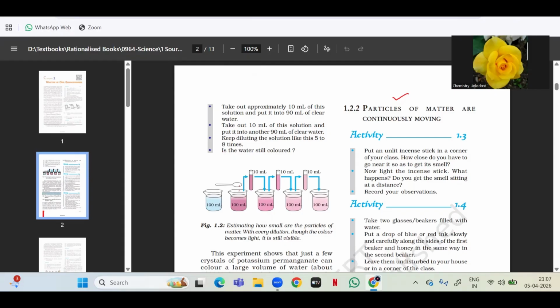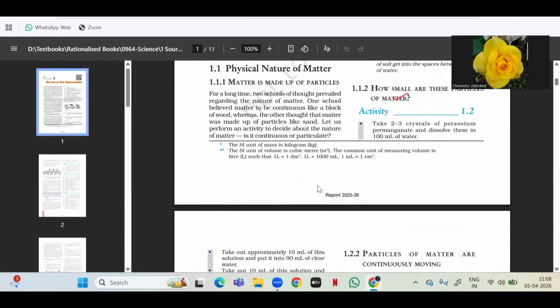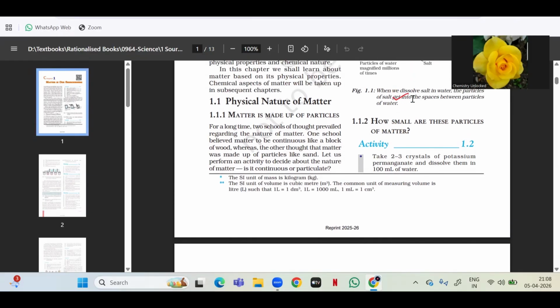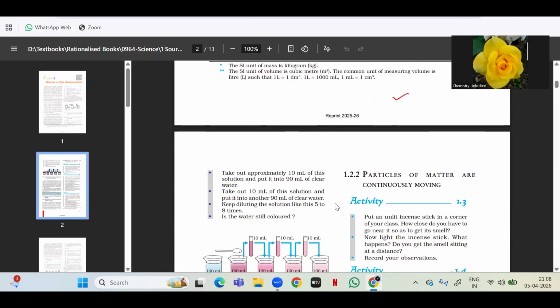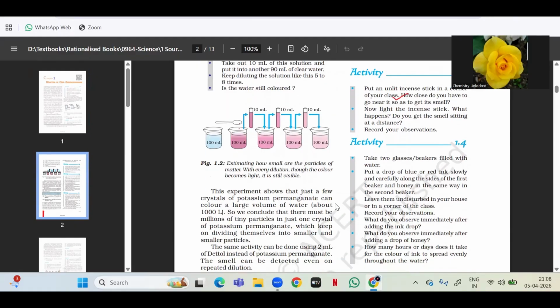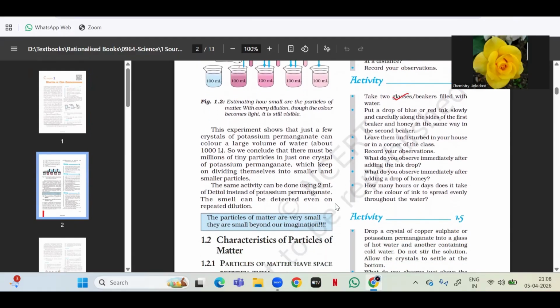Is the water still colored? Yes, it is colored. So this experiment helps us prove that particles are very small. So the aim of this activity is to prove that particles of matter, be it solid, liquid or gas, are very small. So this is activity 1.2, right?